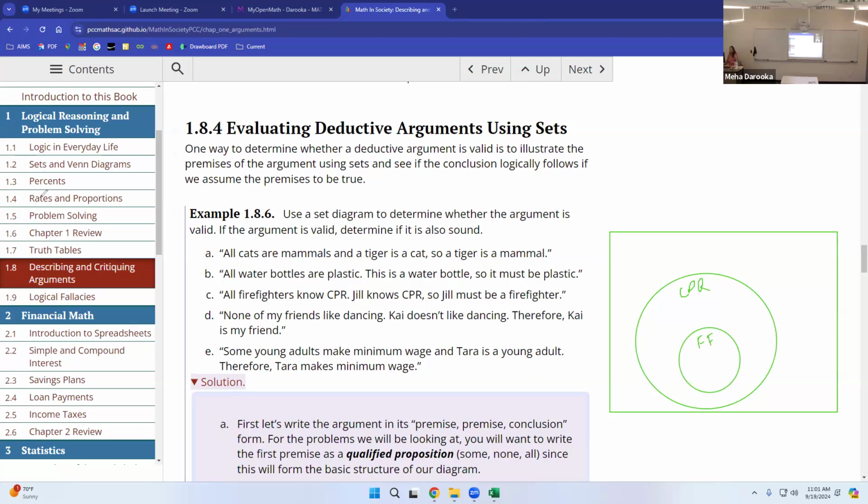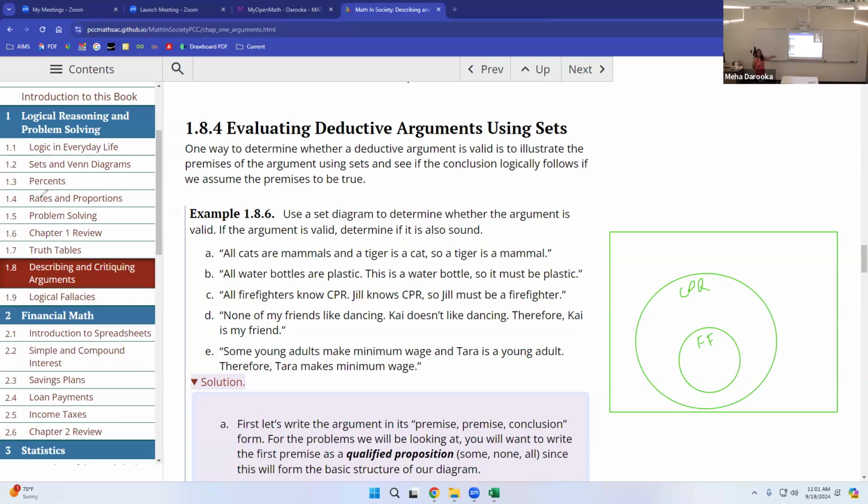So we'll ask you about whether Jill can be a firefighter or not. So where would we place Jill? Do we place Jill inside the firefighter circle? Do we place Jill just inside the CPR circle? Because that's what they're telling us, right?